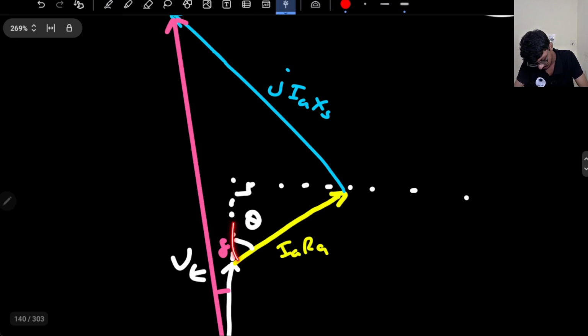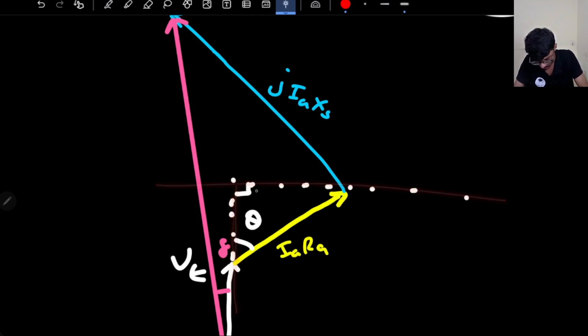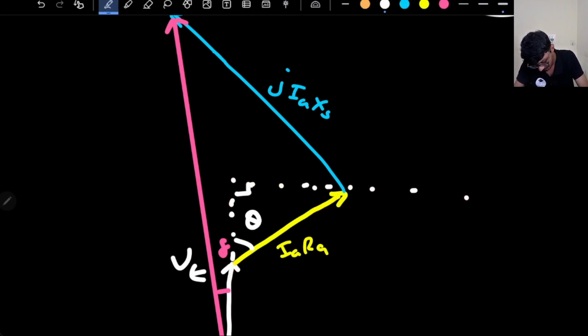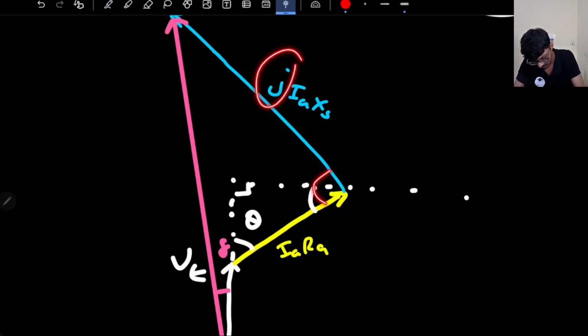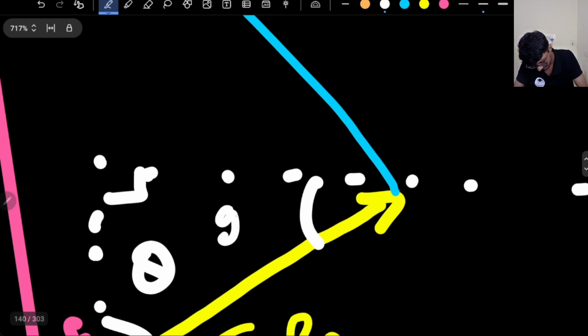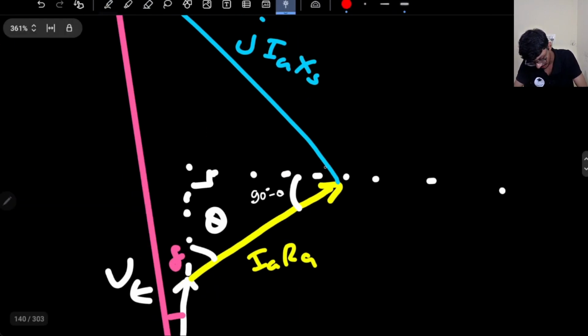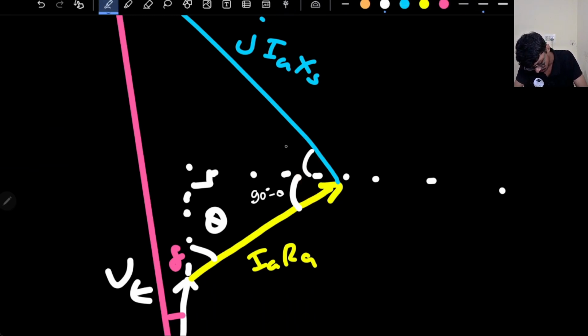It is just a triangle, so this will be 90 minus theta. This whole angle is 90 because it was JIXA. So this is 90 minus theta, and this is theta.